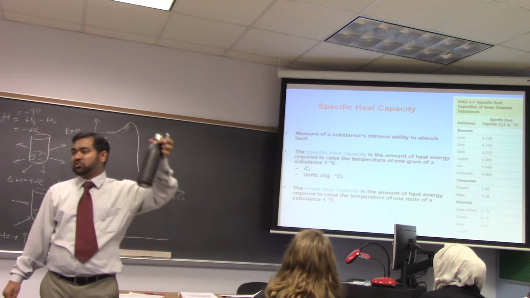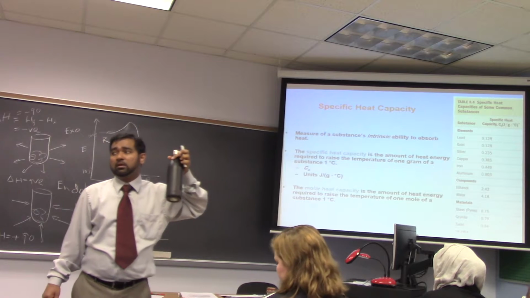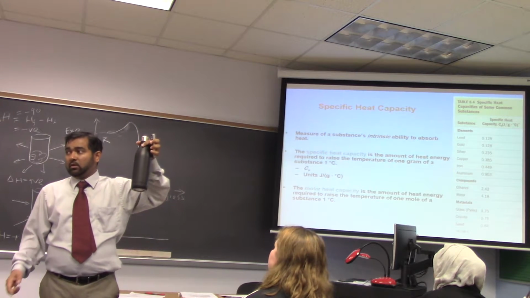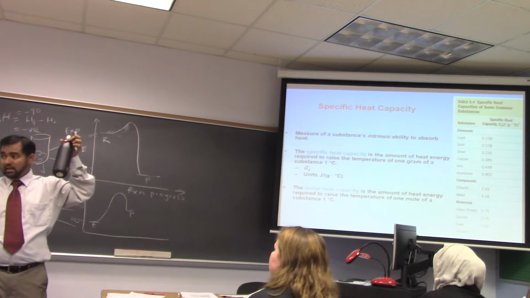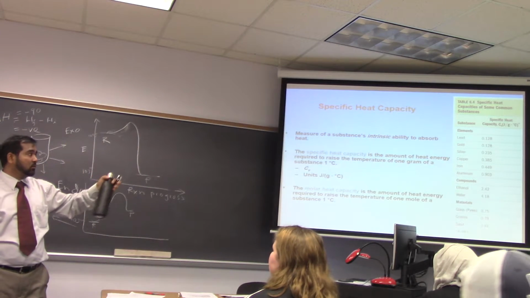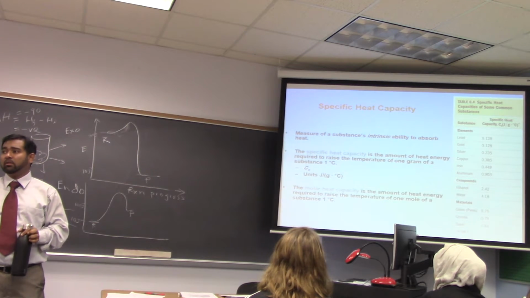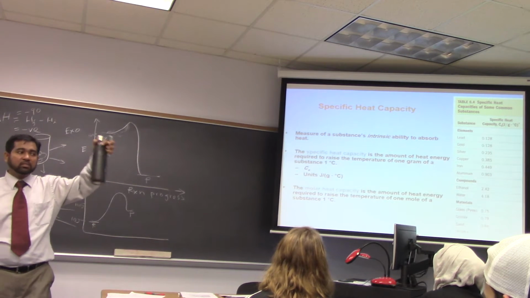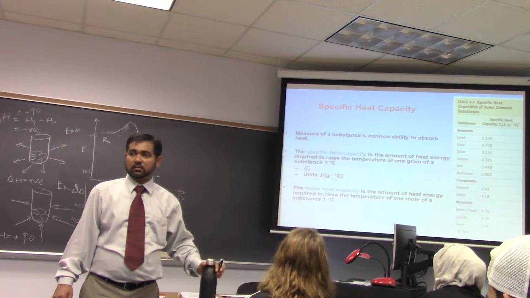It is for changing the temperature 1 degree for 1 gram, not mole. When you take 1 mole, it is molar heat capacity. When you increase the temperature by 1 degree for 1 gram of substance, that's called specific heat capacity. If you take 1 mole, molar heat capacity. For a whole thing, heat capacity. You see the differences? You got it.